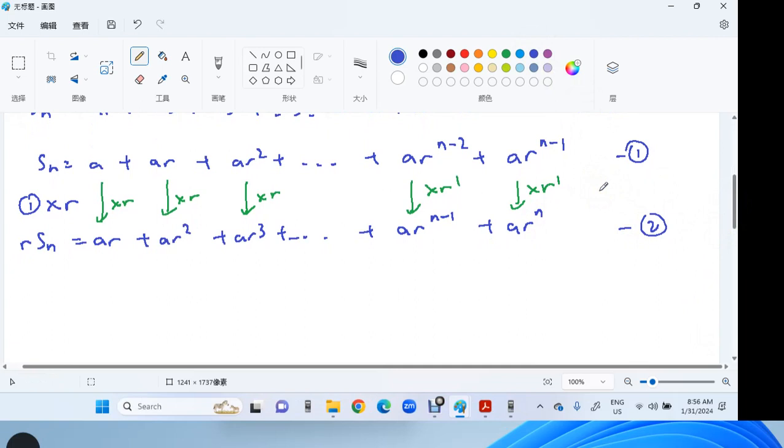Some students may ask why we need to multiply by r. Because after we multiply by r, we can use the second equation minus the first equation.